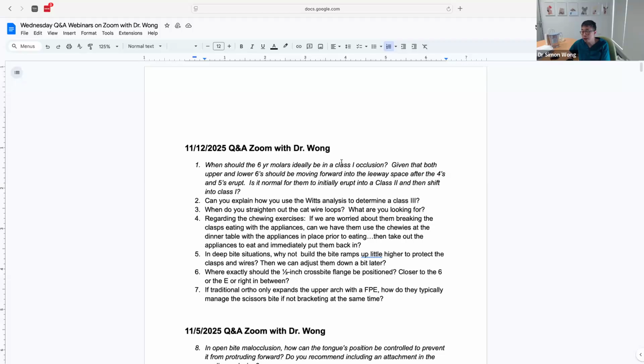But if the canines are in full class 2 or full class 3 in the primary dentition, then don't expect the sixes to lock into class 1 no matter what the leeway space is.